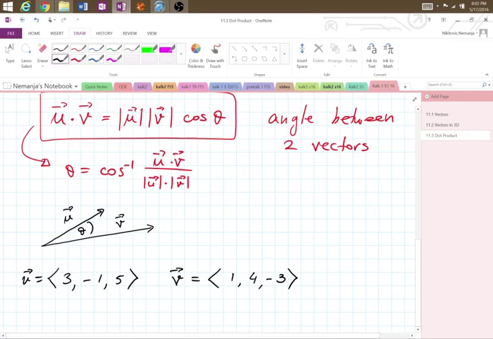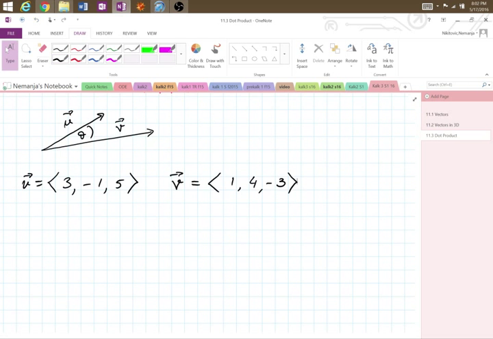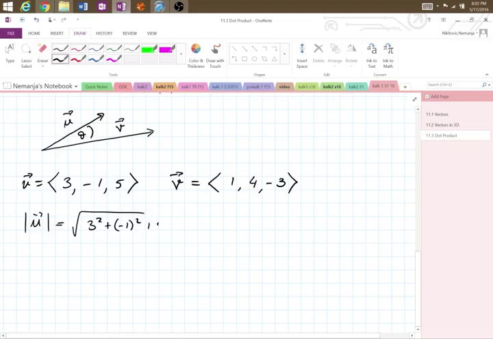Okay, so last class we learned how to find the magnitude of each of the vectors. So we'll need the magnitude of u, which is 3 squared plus negative 1 squared plus 5 squared, which is 9 plus 1 plus 25, which is square root of 35.